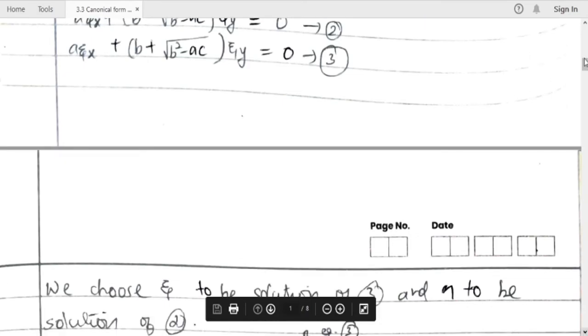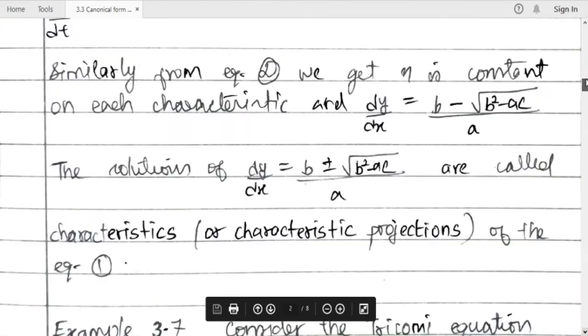So suppose I solve equation number 3. From equation 3, I can write the characteristic as dx by dt equal to a, dy by dt equal to b plus root of b square minus ac, d theta by dt equal to 0.